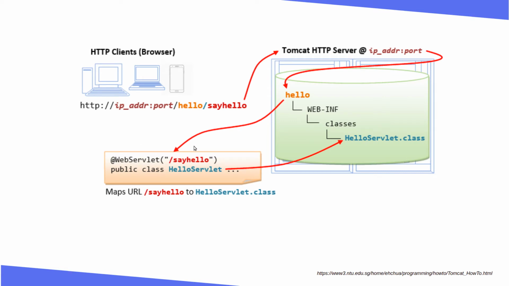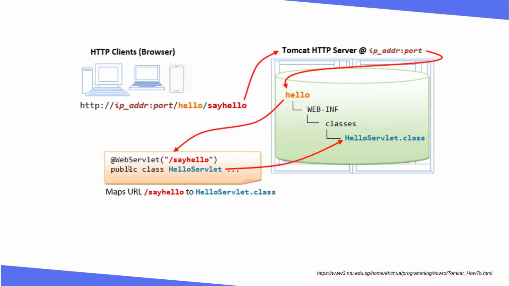So let's look at this illustration. Here we have an HTTP client, which is a browser, and when you request a servlet or anything in the server, you need to use a URL. Here we have the hello application, and say hello is a URL that maps to the servlet inside your server.